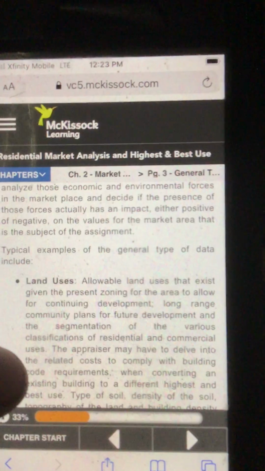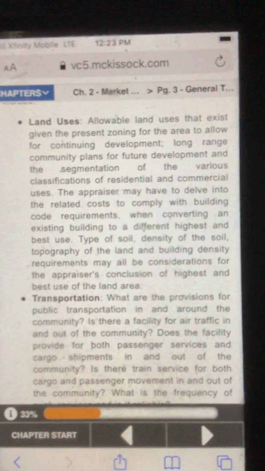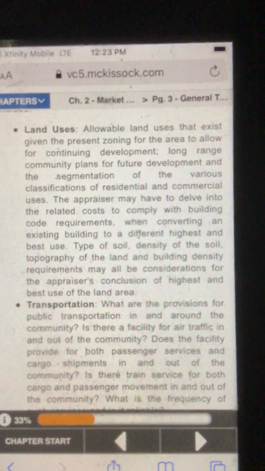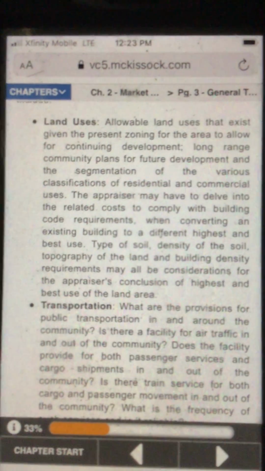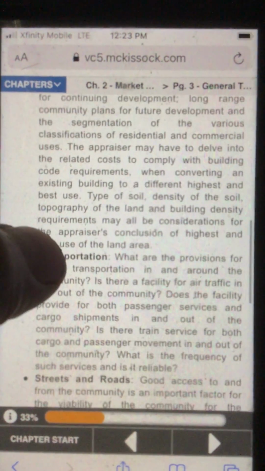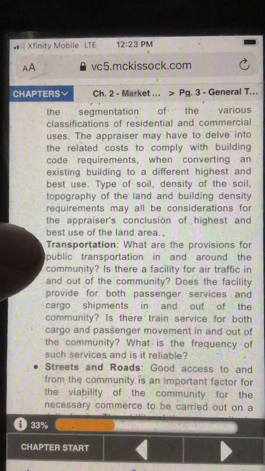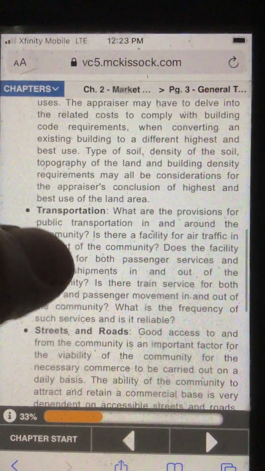Typical examples of the general type of data include land uses. Allowable land uses that exist given the present zoning for the area to allow for continuing development. Long-range community plans for future development and the segmentation of the various classifications of residential and commercial uses.